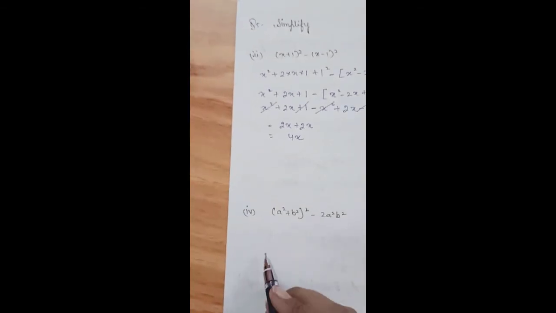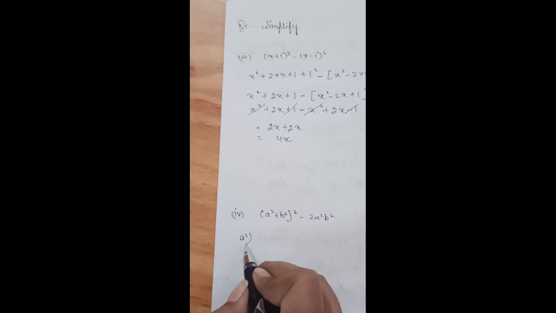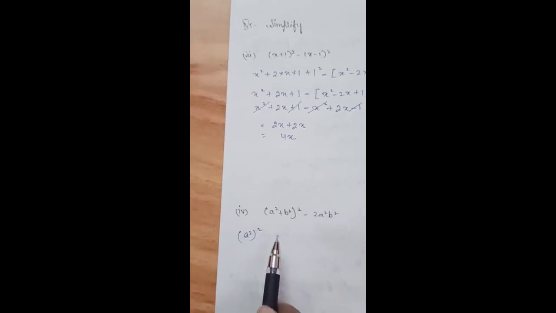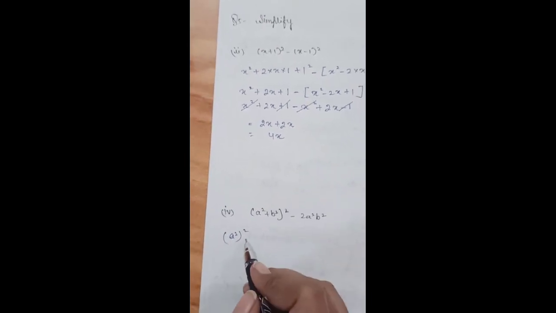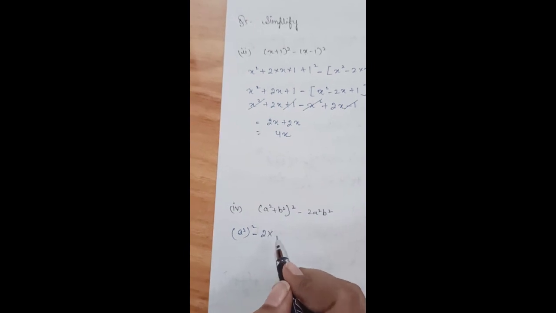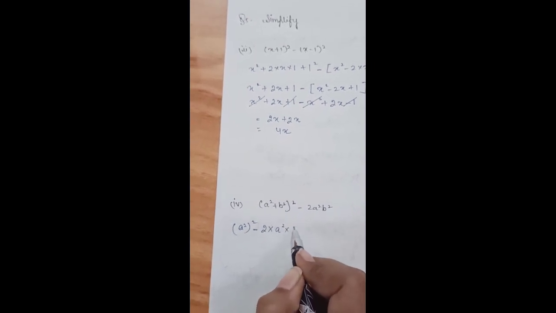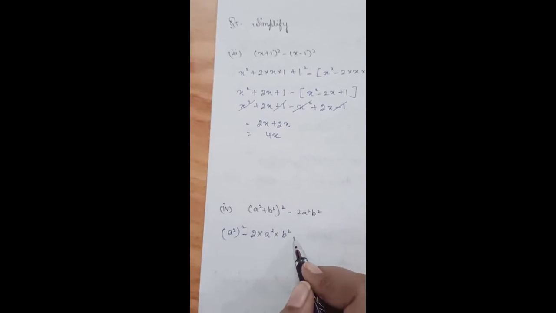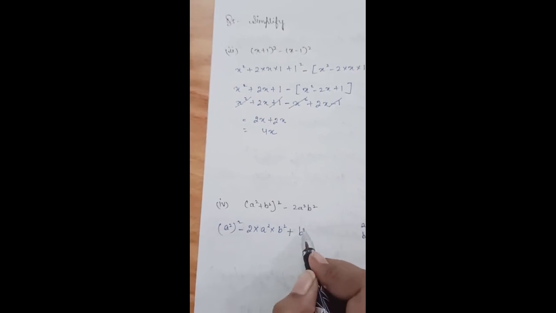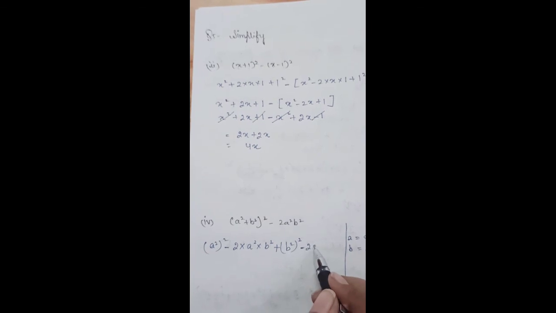So a square means a to the power 2 to the power 2, because a is a square, right? Then plus 2ab, where a is a square and b is b square. Then plus b square means b square to the power 2, minus 2a square b square.